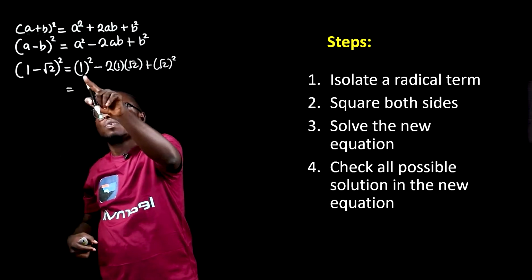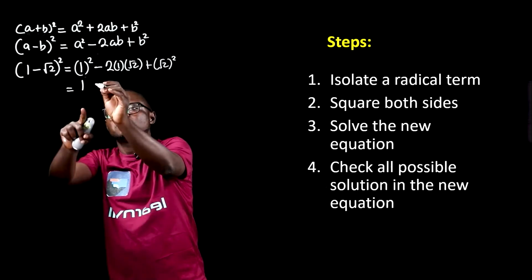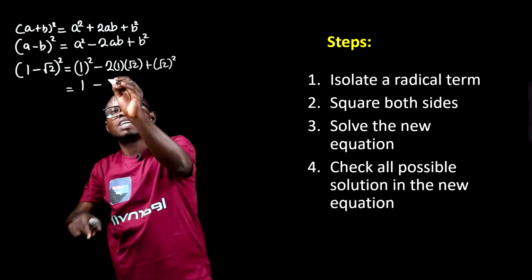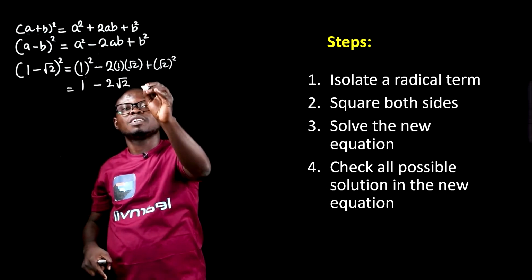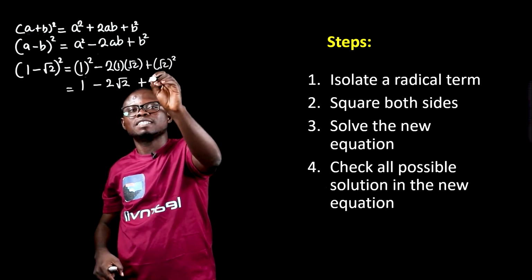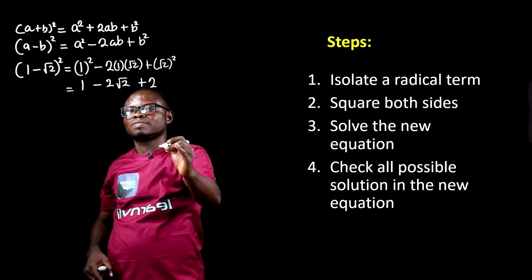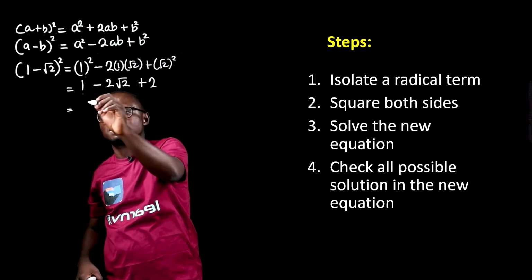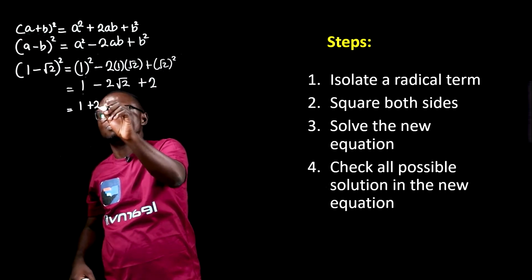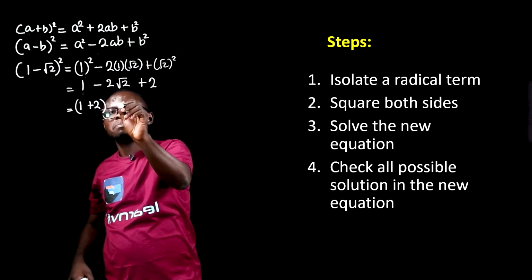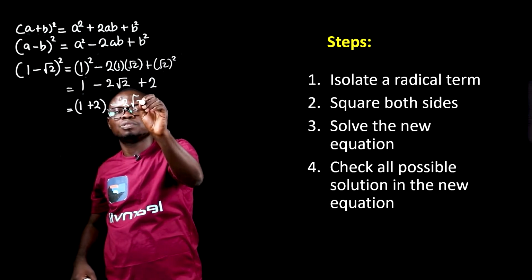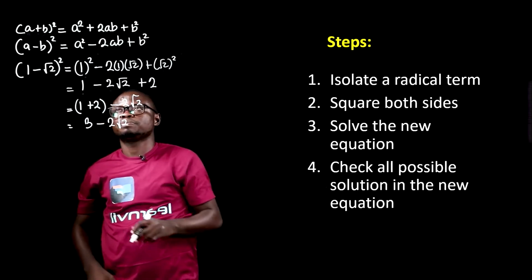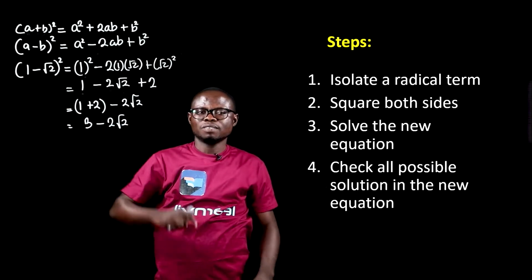This becomes 1 squared is 1, minus 2 times 1 is 2, 2 times root 2 is 2 root 2, plus root 2 squared is 2. We can then say that this is rational, this is rational: 1 plus 2, then minus the irrational, 2 root 2. This becomes 3 minus 2 root 2. We can verify this on our calculator.